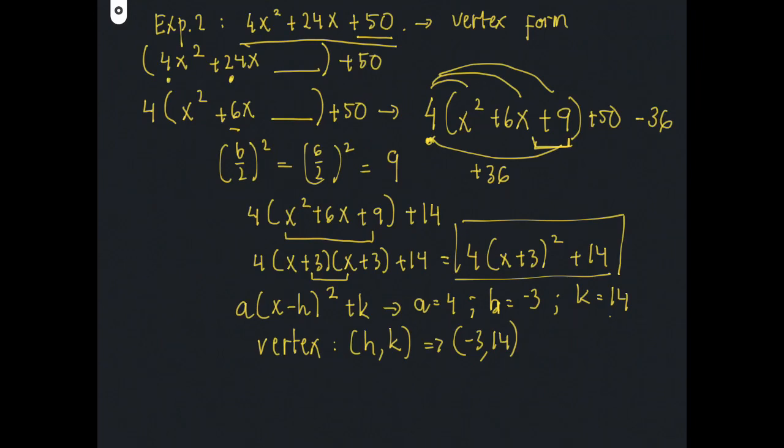So that's the coordinate of the vertex. If you want to find the y-intercept, again, you can set x equals 0 and substitute 0 into here to find the y-intercept. Or the easiest way, because you already have the standard form up here, the y-intercept is this c, positive 50. So in this case, the y-intercept coordinate will be 0 for x and then 50.